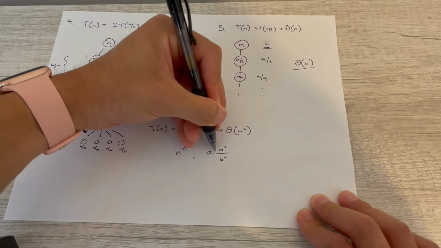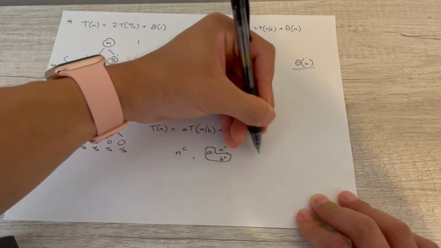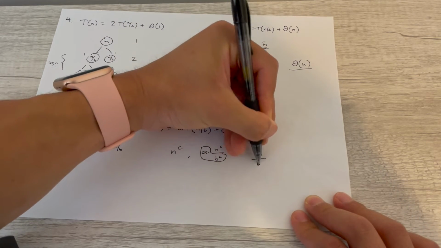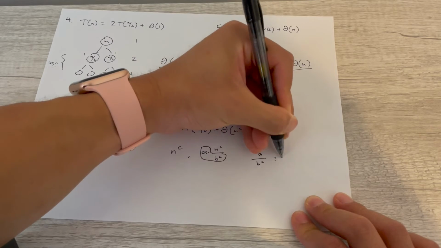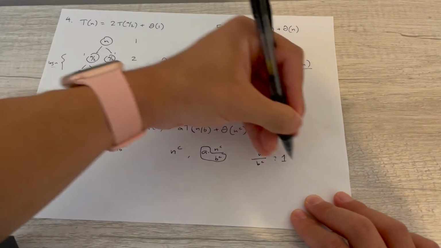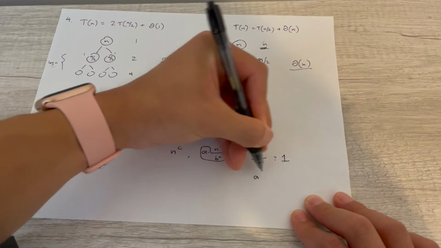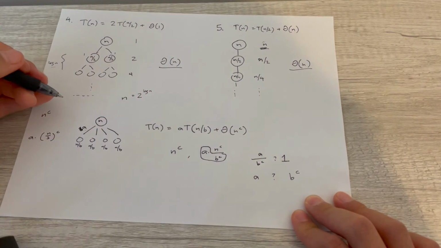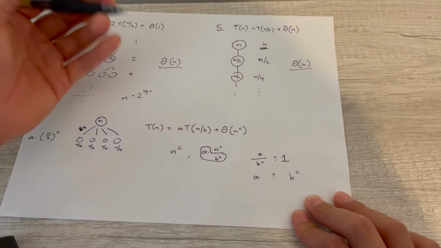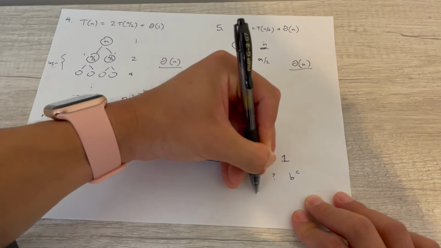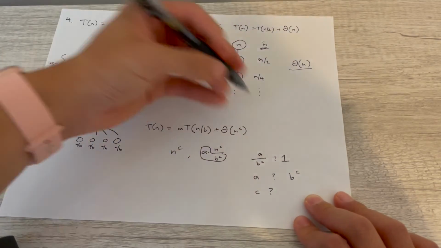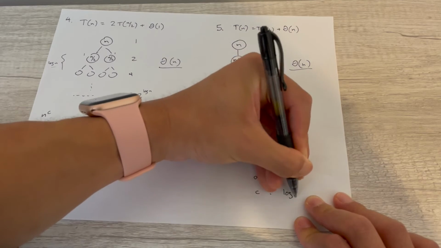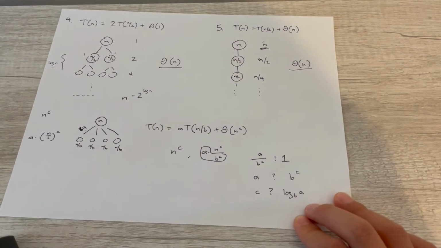So essentially we're asking ourselves, this value, A over b to the c, is that greater or less than 1? Is A greater than or equal to b to the c? Or, is c greater than or equal to or less than log base b of A?